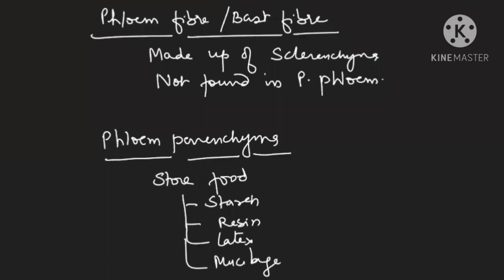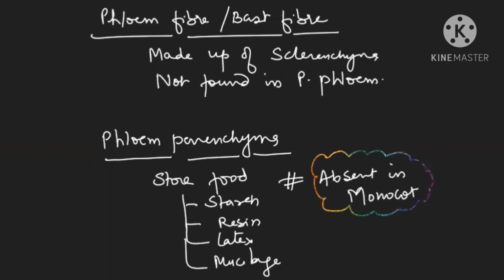And phloem parenchyma, very important line, is absent in monocots. Please learn it properly. Phloem parenchyma is absent in monocots and phloem fiber is absent in primary phloem.